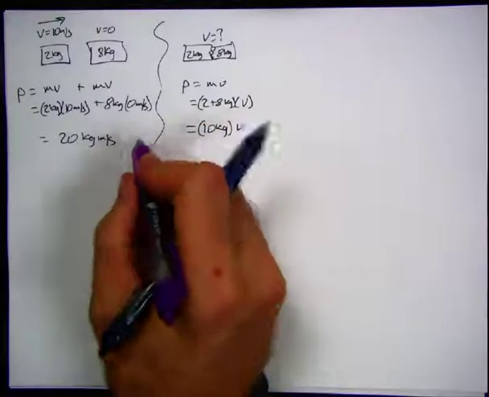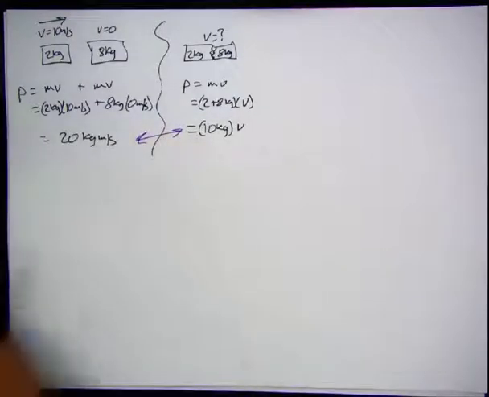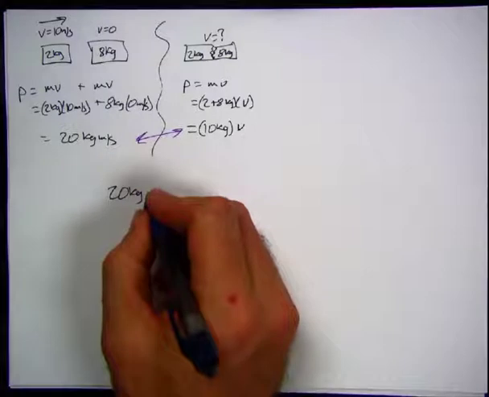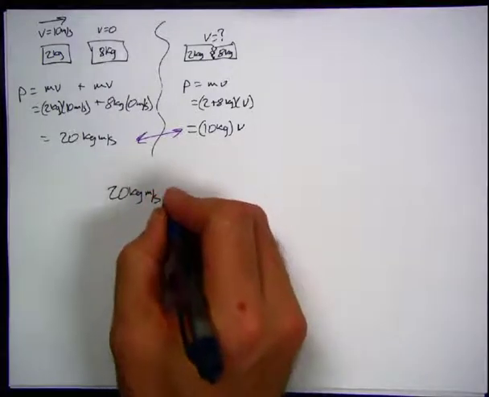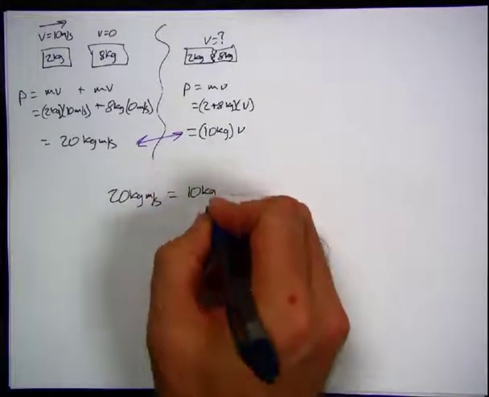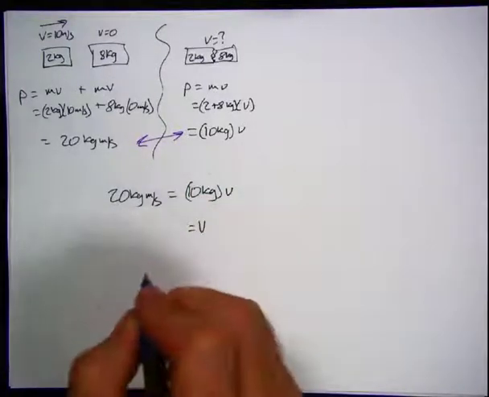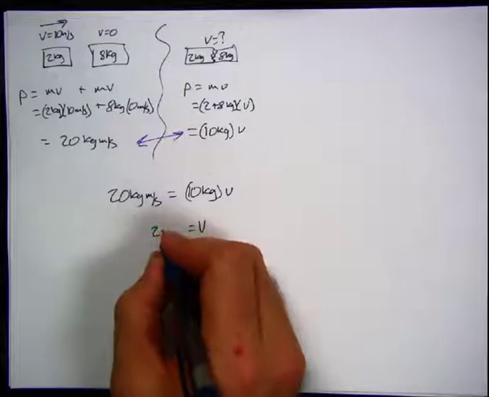Momentum is conserved for the whole system, so those two are equal. We end up with 20 kilogram meters per second equals 10 kilograms times some unknown velocity. We can solve that easily and say velocity is equal to 2 meters per second.